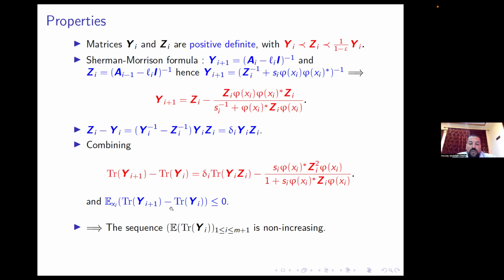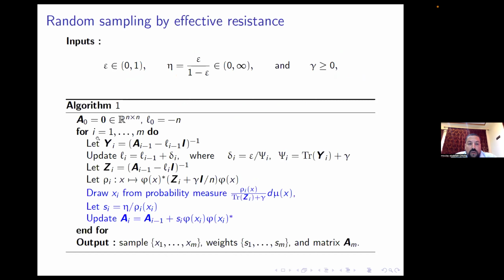So why do we need this? Because if the trace of Y of i is small, this prevents the largest eigenvalue of Y from being very big, which will prevent the smallest eigenvalue of A of i from being small, close to 0.